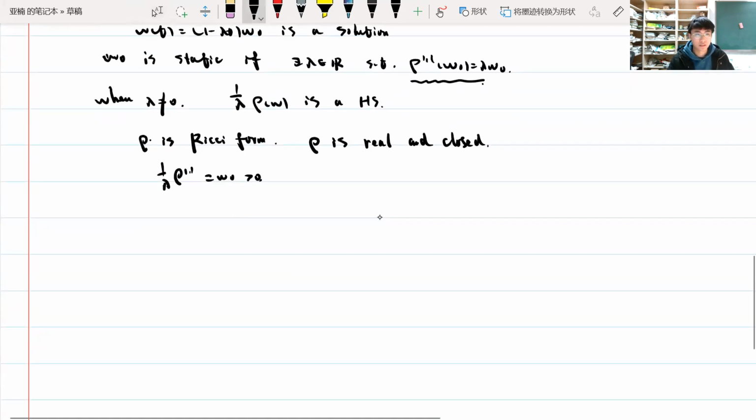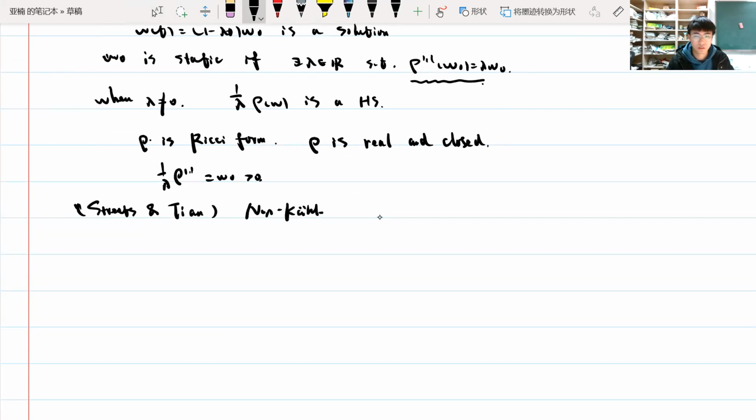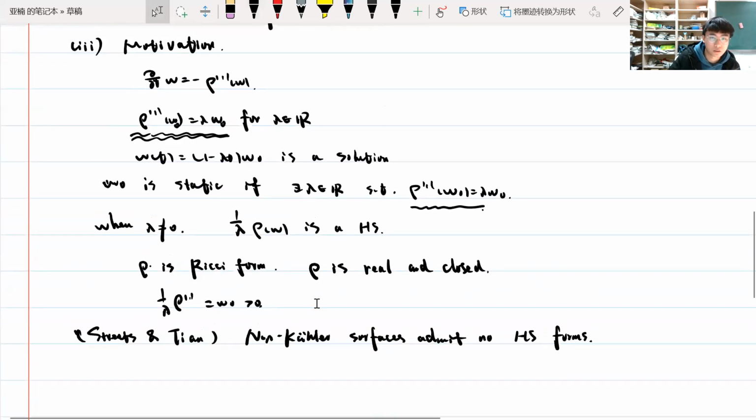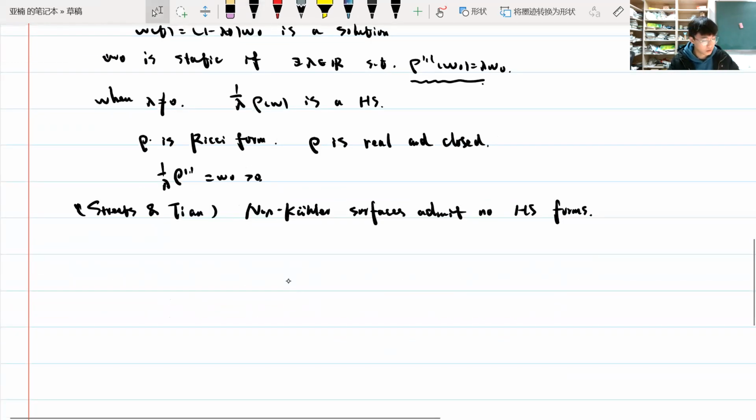But unfortunately, we have proved that, we state that non-Kähler surfaces on Kähler manifold admit this structure, but it is not clear.